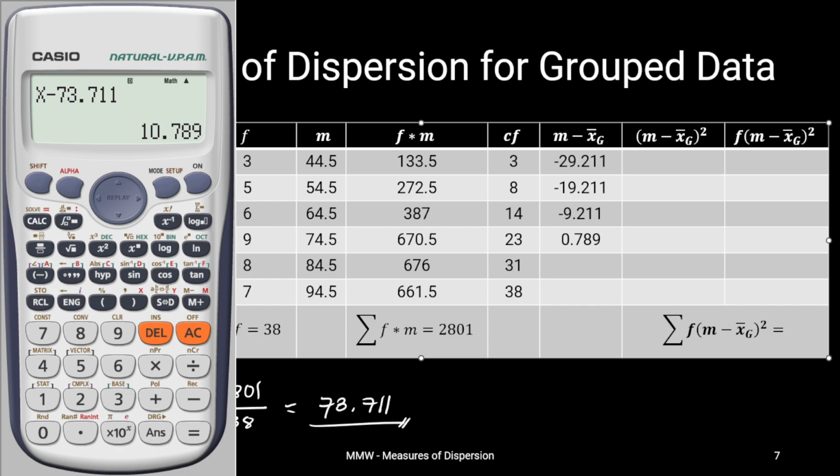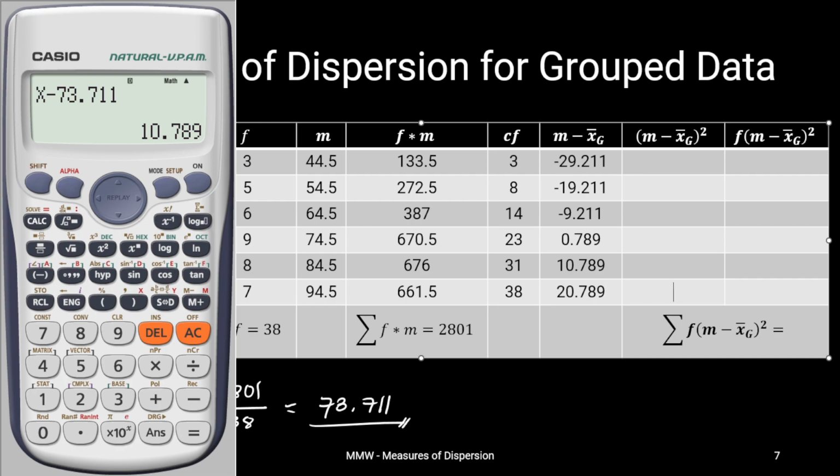So we have 10.789. So dito pwede nyo na idire-diretso. So be careful lang dun sa transition from negative to 0 to positive. Okay, baka mamaya kasi dire-diretsuhin niyo yung decimal, may iiba yung sagot. So we have here 20.789. Okay? So napopulate na natin yung first column na dadagdag.